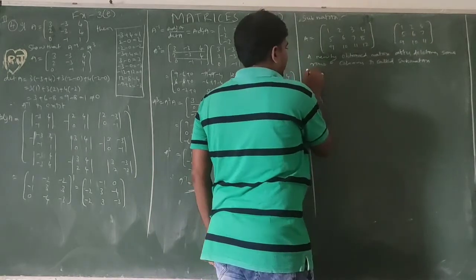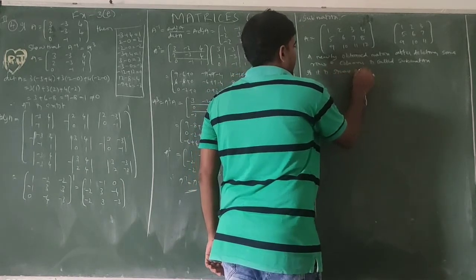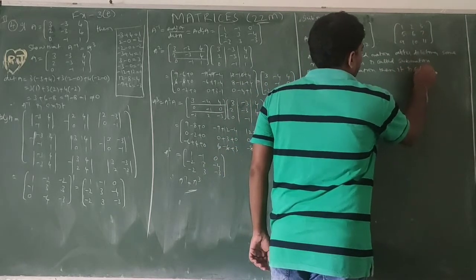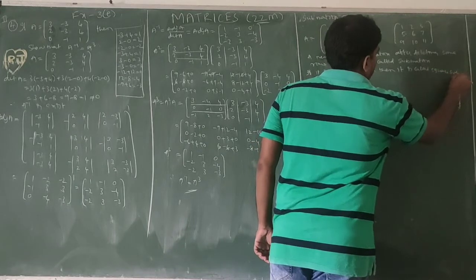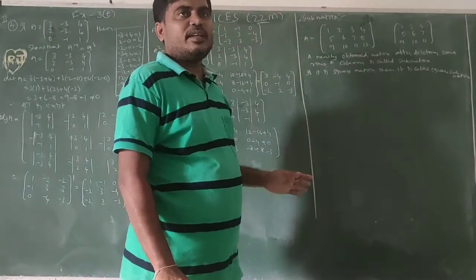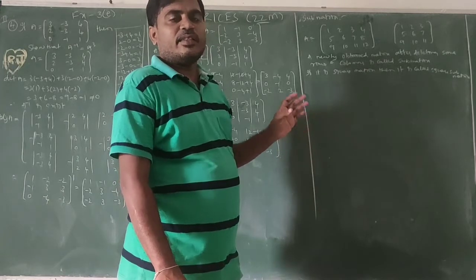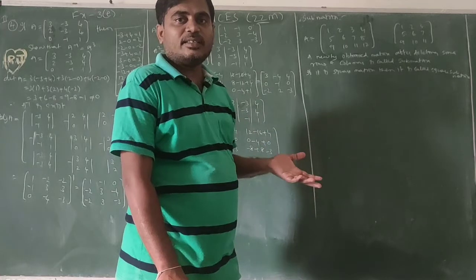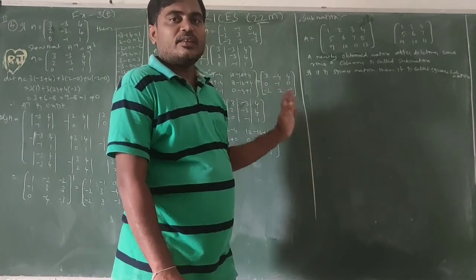If it is a square matrix, then it is called a square submatrix. So this is a matrix. Whatever matrix you take, you delete some rows and some columns. Whatever matrix you obtain after deleting is called a submatrix. If that submatrix is a square matrix, then it is called a square submatrix.